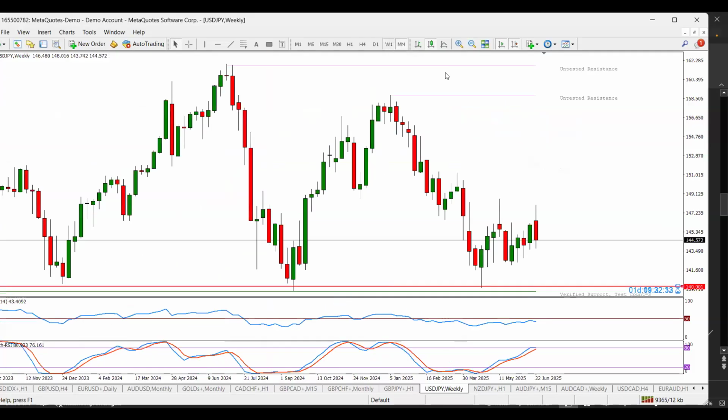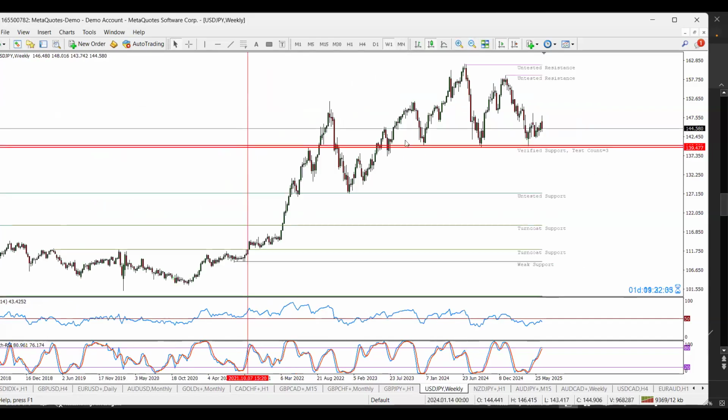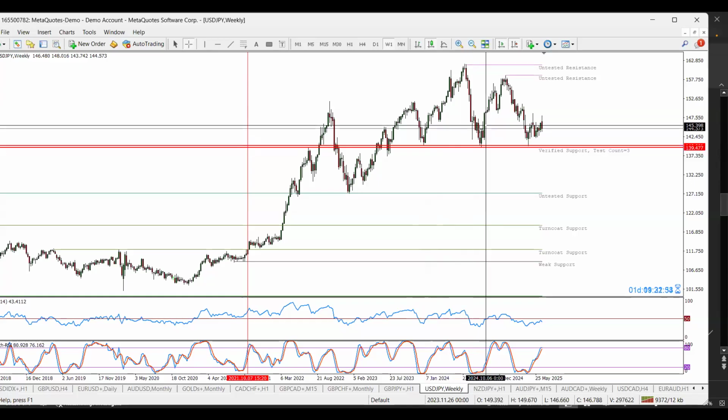If you go to your weekly, you will still see it there as well. Price has tried it, the first time around 24th of December 2023. It could not break it, went up, came back again.